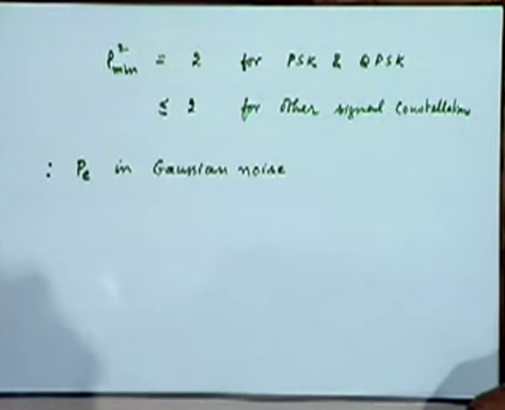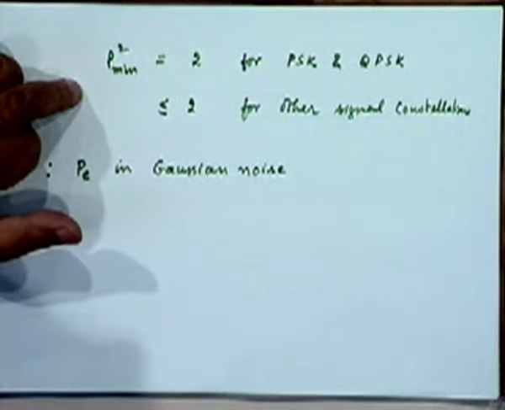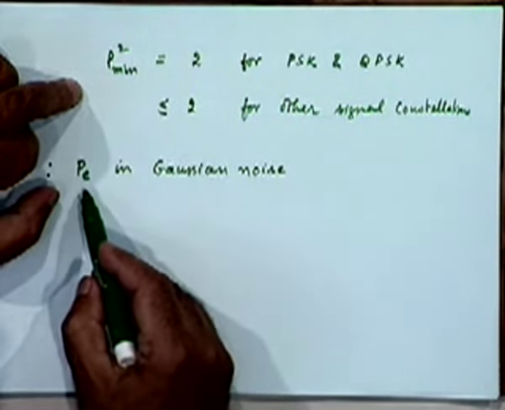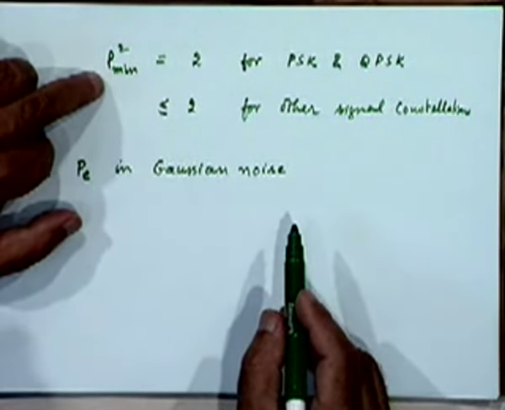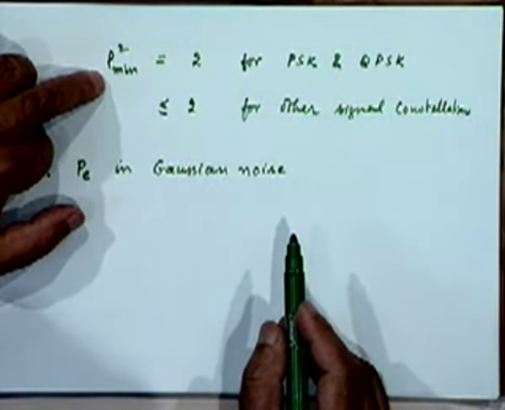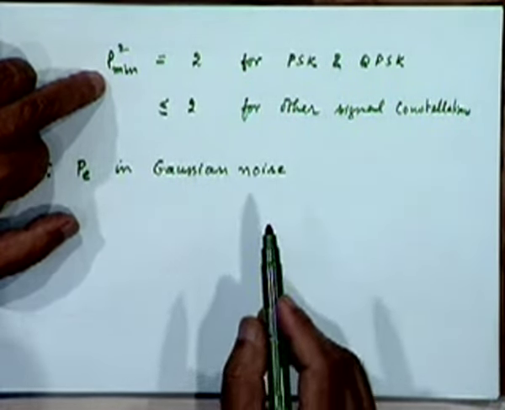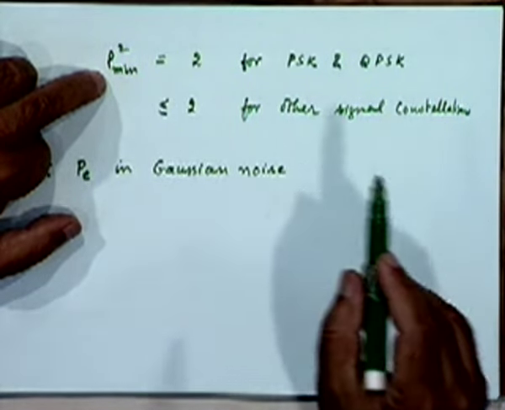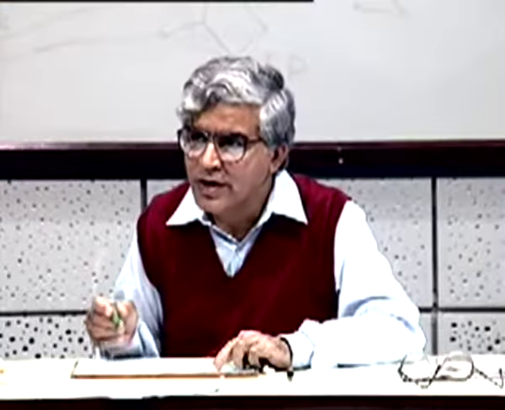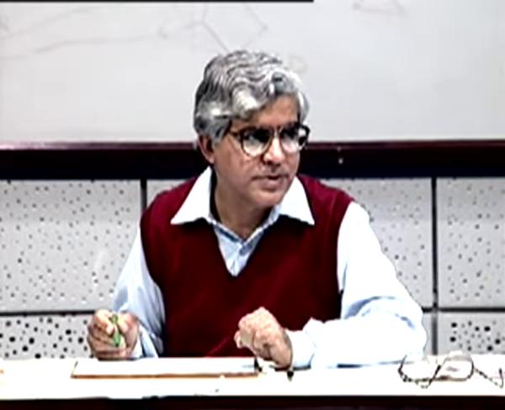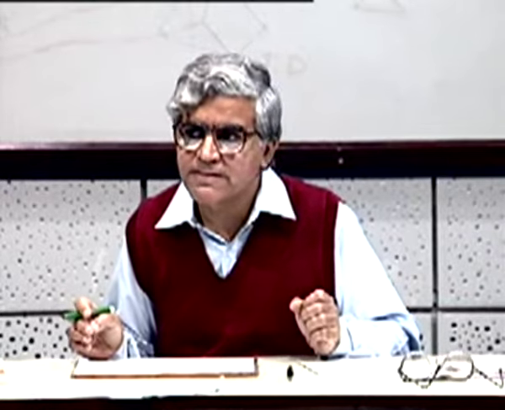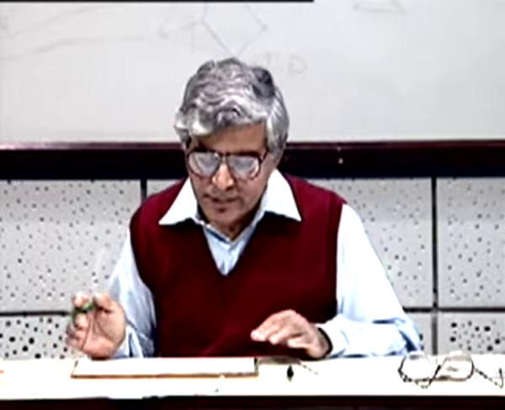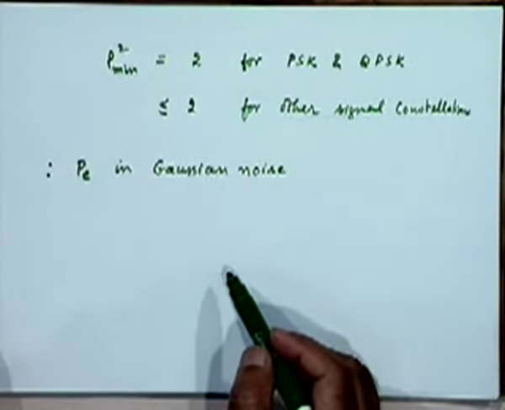The detailed constellation structure itself is not as significant as this parameter is. So the error probability is largely determined, for a given signal constellation structure, by this property of that signal constellation structure. That is, if this value is large, you will have a smaller error probability. If this value is small, you will have a higher error probability. So essentially the property of the signal constellation for the purposes of error probability calculation is largely through this parameter rho sub min.